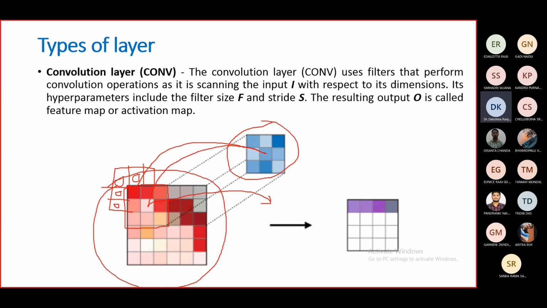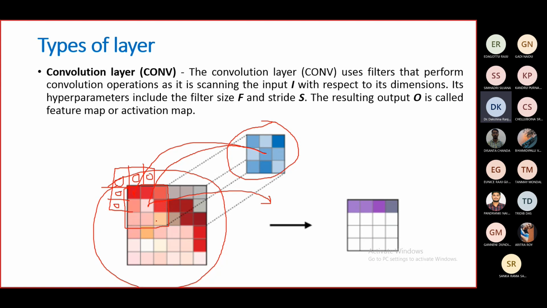The length of the padding may be 1 pixel, 2 pixels, or 3 pixels. This filter will be sliding across the image, and the center of the filter will coincide with every pixel in the image, and we will continue this process.